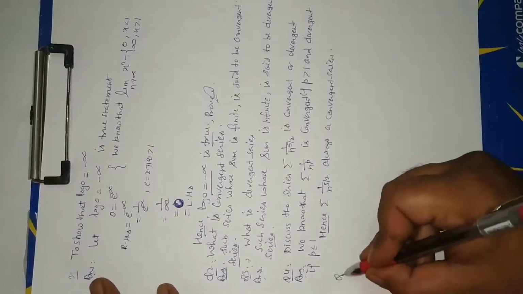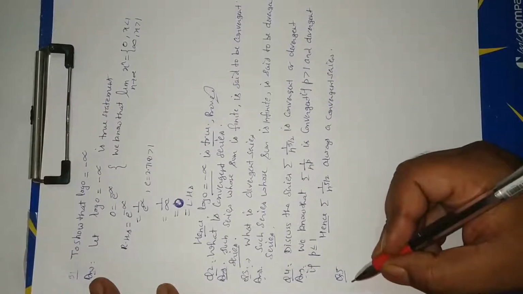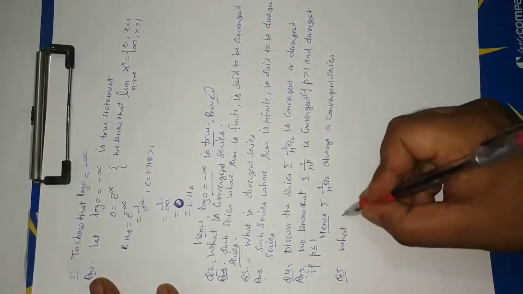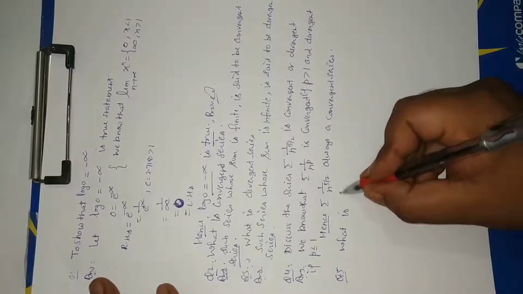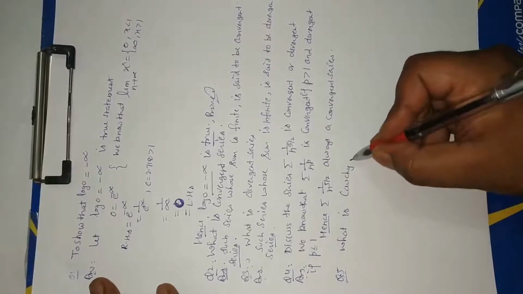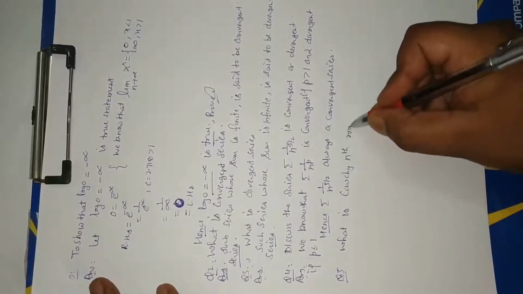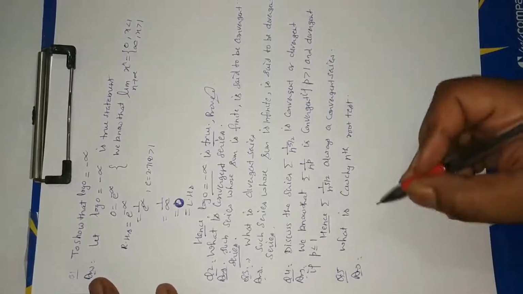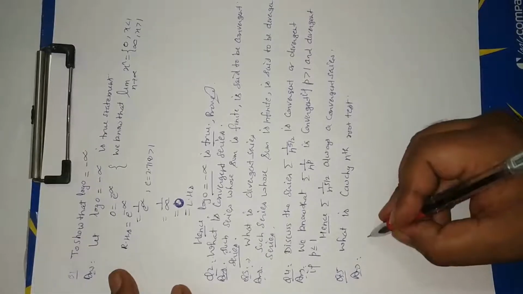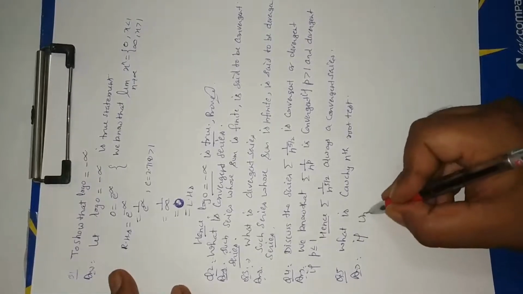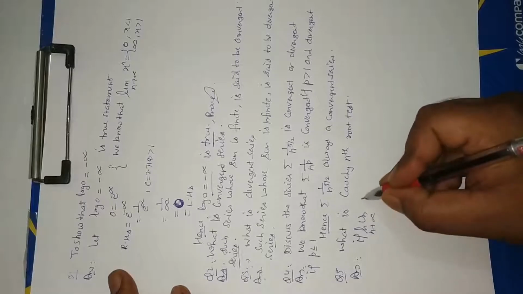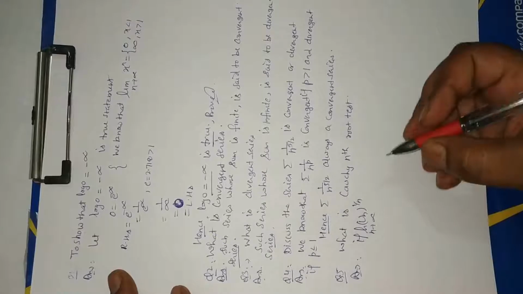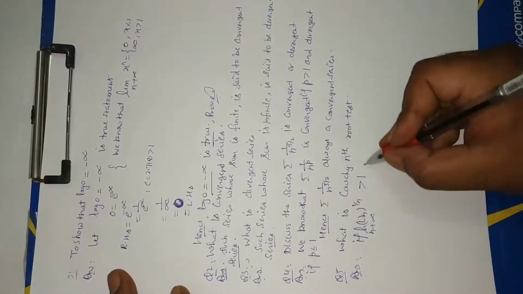Now next question, question number 5. What is Cauchy's nth root test? If limit n tending to infinity of un whole power 1 upon n is greater than 1, the series is divergent.